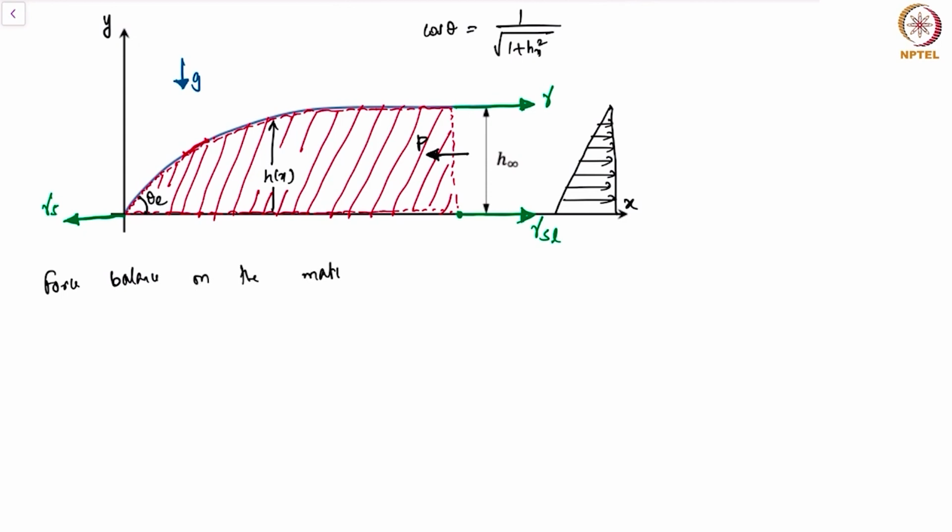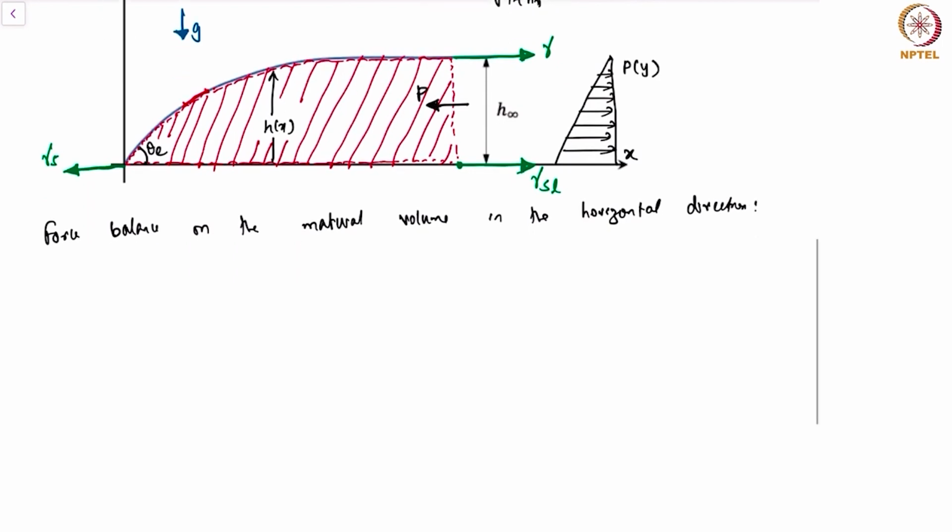On the material volume in the horizontal direction. By the way, this is P, which is a function of y. Let's write down this force balance. So we have the surface forces.